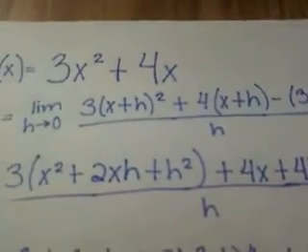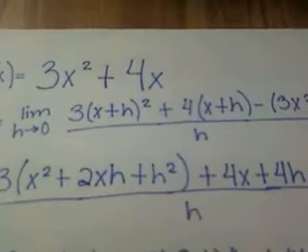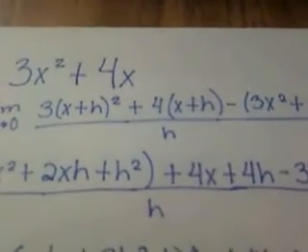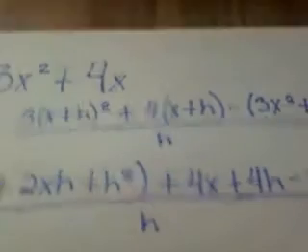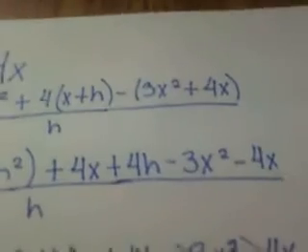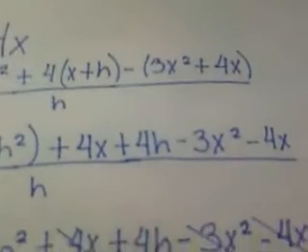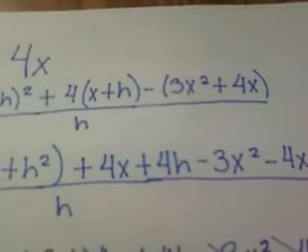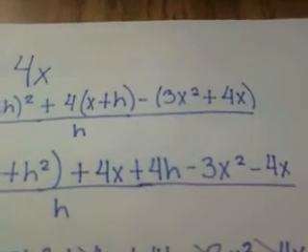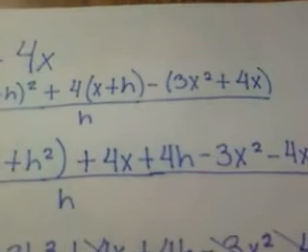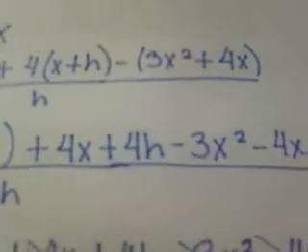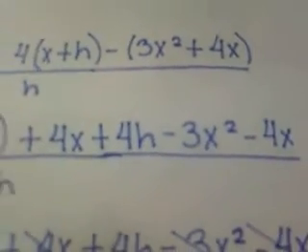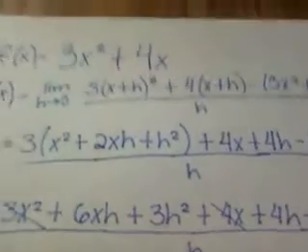We solve 4(x plus h), which will come out being plus 4x plus 4h. We distribute the 4, as you can see. And then we distribute the negative sign at 3x squared plus 4x, which would be minus 3x squared minus 4x, divided by h.